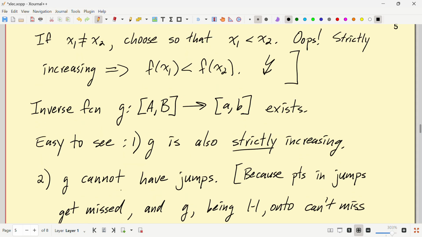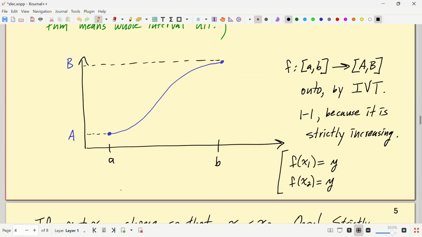So let me go back to my graph and look at it for a second. How would I prove some of these things? I have an x1 here and an x2 here. If I start with a y1 here, there'd only be one x1 that could have that. If I started with the y1, I could find you exactly one x1 in this picture.